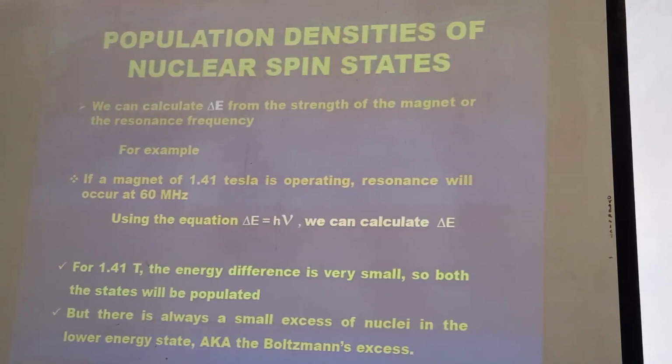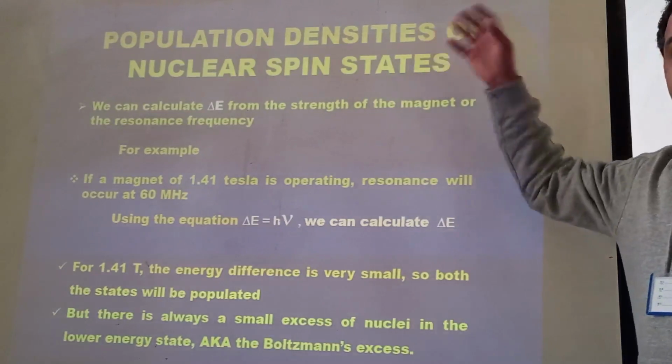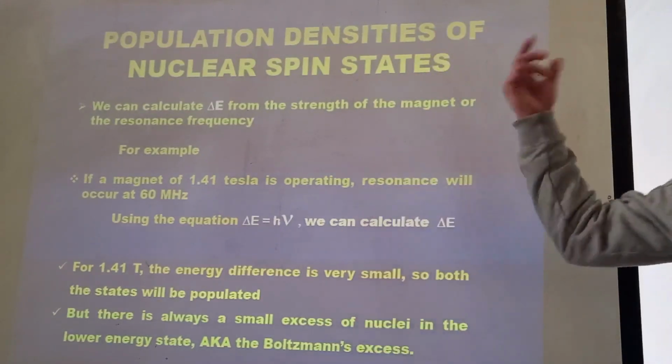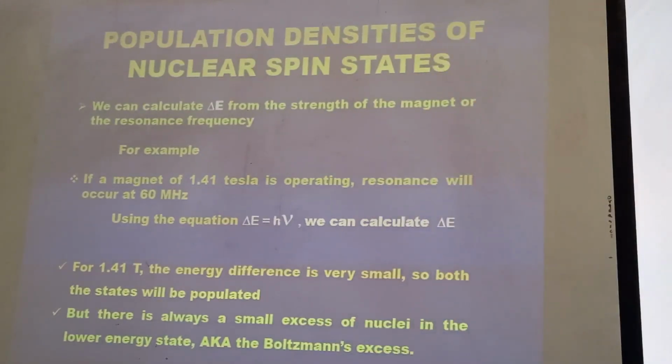That is, they jump from plus half spin state to minus half spin state. Or in other words, they flip from plus half to minus half spin state. So do all the nuclei jump into the beta state? No, there is a certain amount of population still in the alpha state and some are in the beta state.